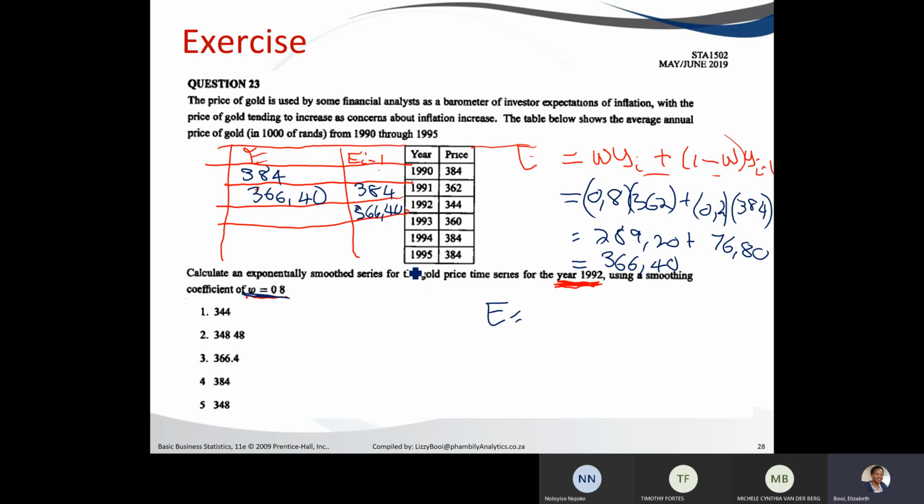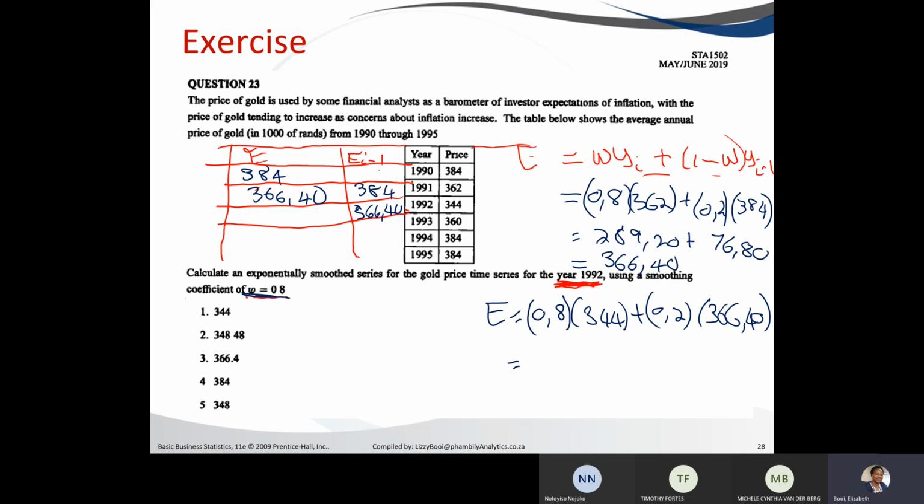So we can now calculate the next one: 0.8 times Y, which is 344, and 0.2 times our previous value, which is 366.40.